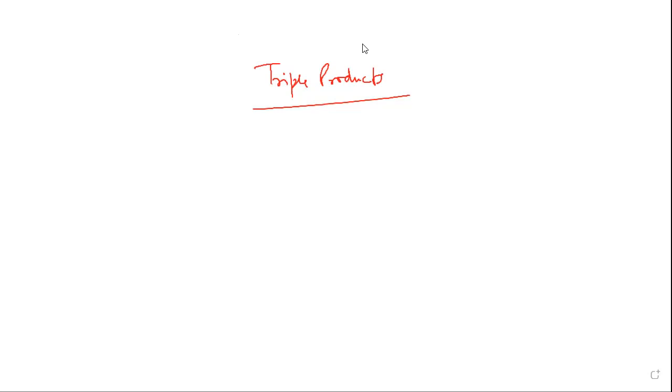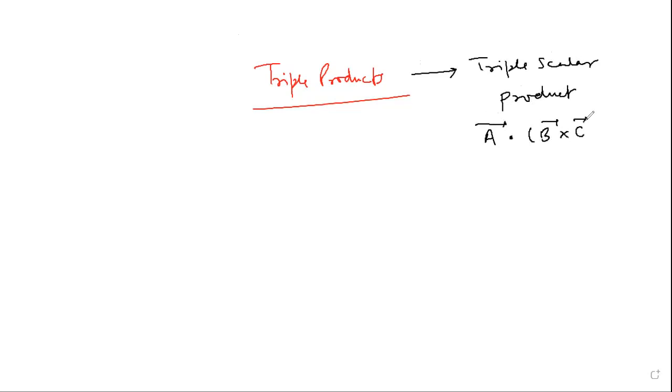One is the triple scalar product, which was A dot B cross C. We explained that it is called a scalar product because it is a scalar, and geometrically it turned out to be the volume of a parallelepiped with A, B, C as three intersecting edges, right?